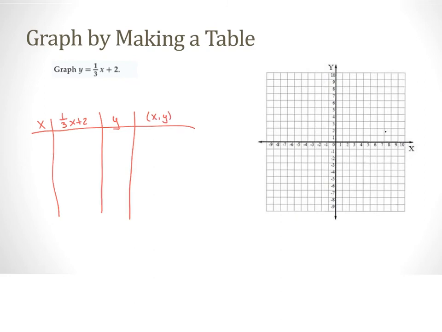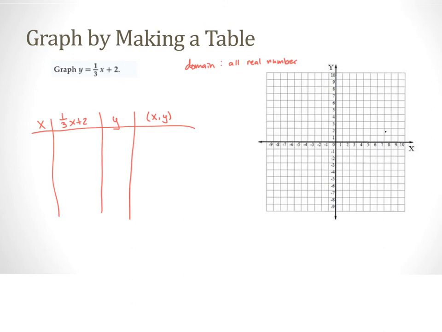Now, for the x values, we can literally pick whatever we want, because the domain for linear functions is always all real numbers. So you can pick whatever value of x you want to plug into the equation.